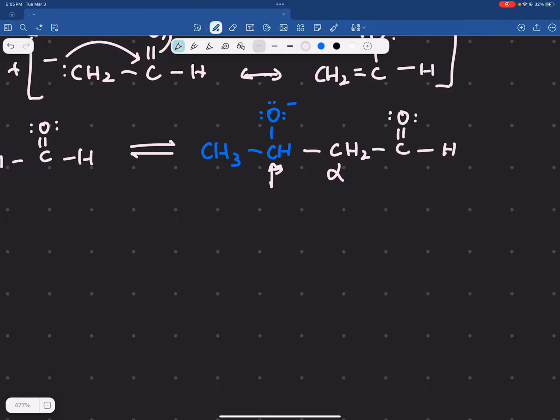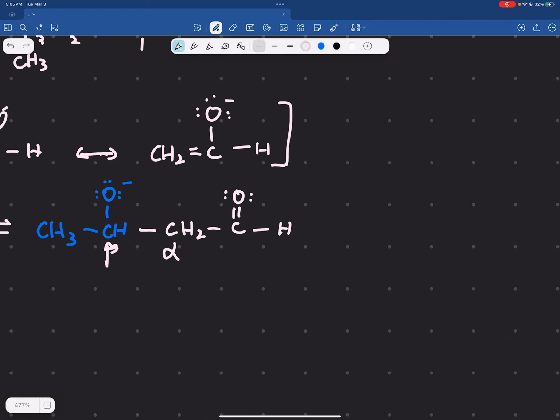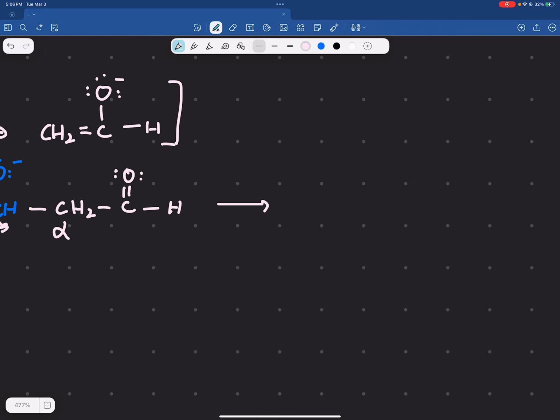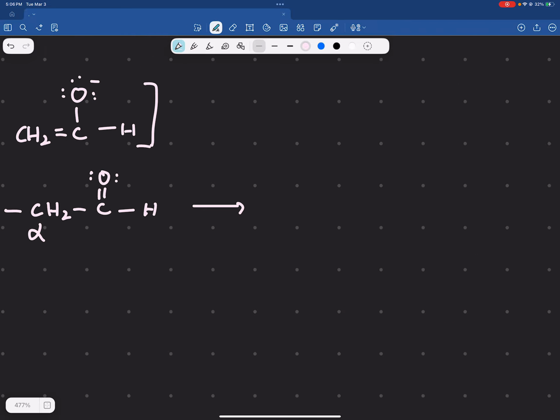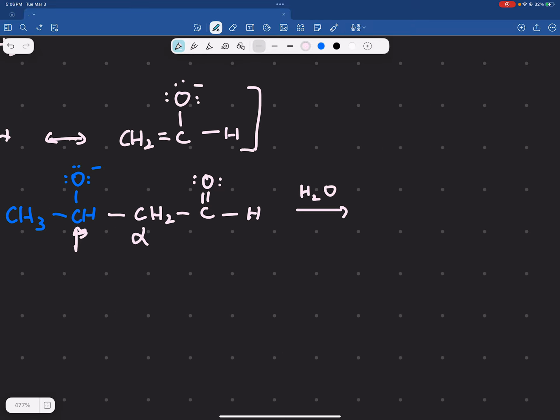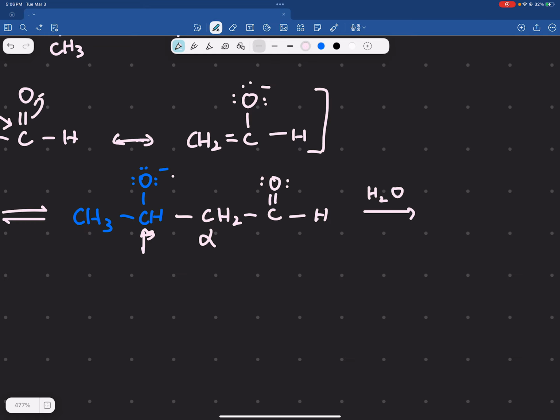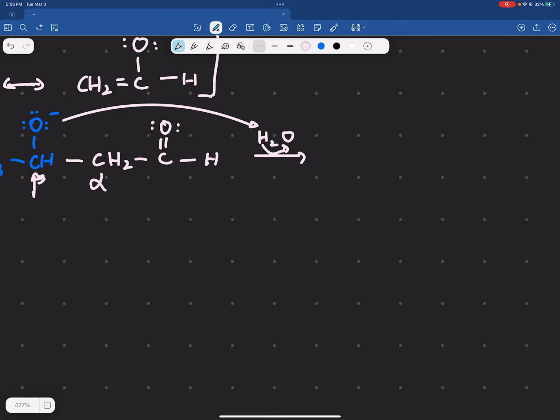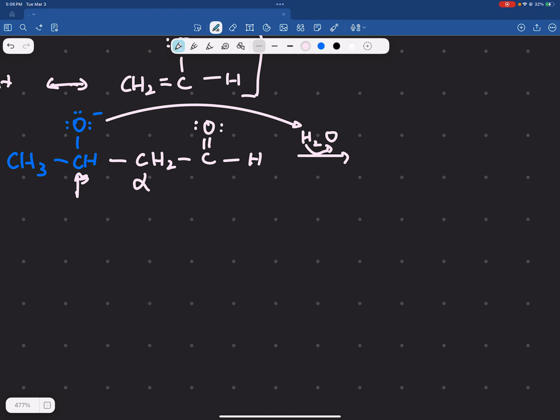This intermediate can then be quenched and protonated in the third step to give us our Aldol product, and it will regenerate our base catalyst. So if we use water, this is going to protonate our product, and it will be something that looks like this.